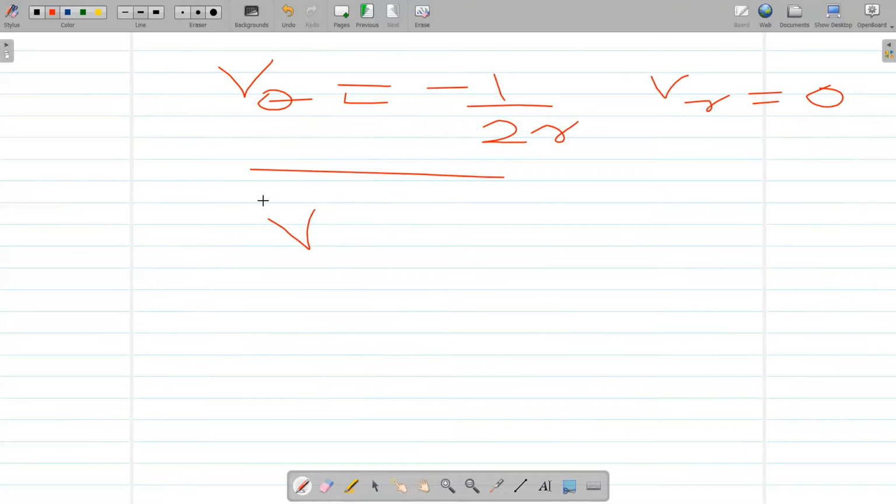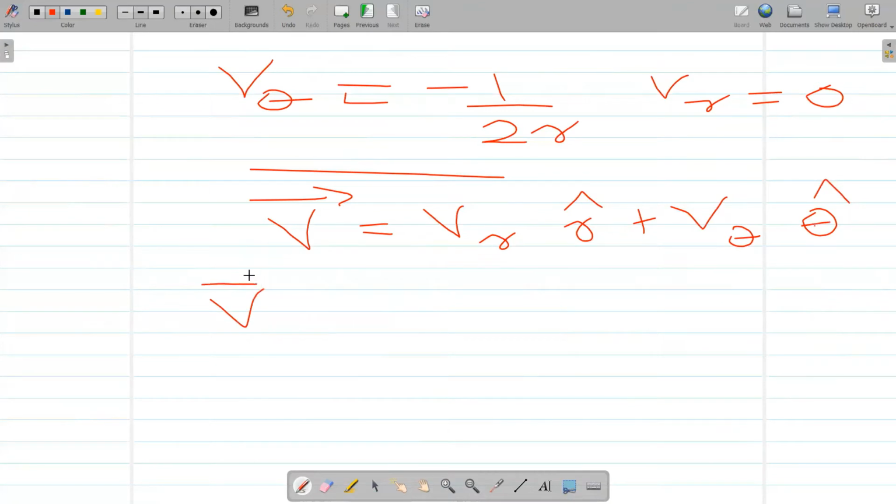So velocity, I can write it as Vr in r direction and V theta in theta direction. So just writing in terms of a velocity vector, this is 0 plus minus 1 by 2r theta cap. Theta cap is nothing but a unit vector in the theta direction.